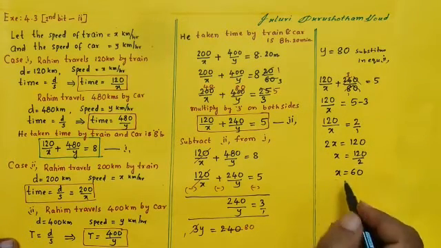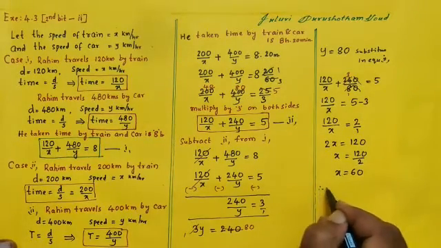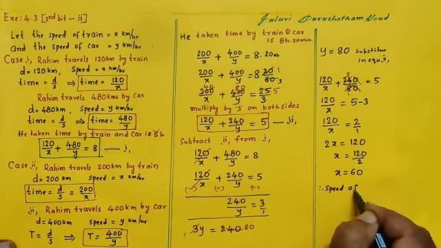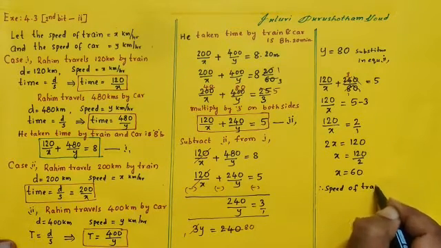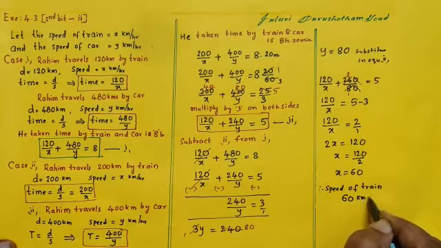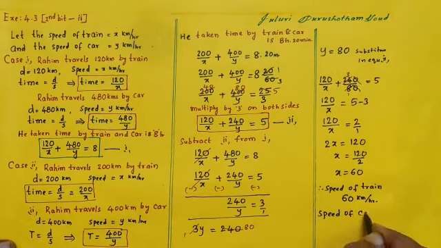Okay, x means what? The speed of the train. Therefore, the speed of the train is 60 km per hour. Clear? Next, the speed of the car.